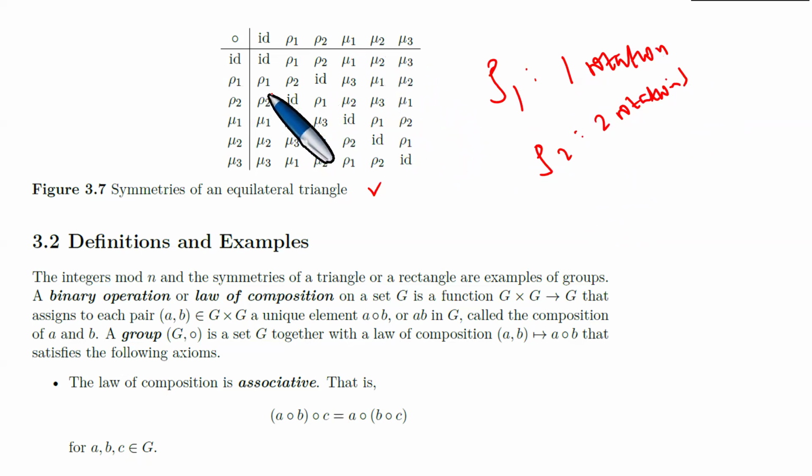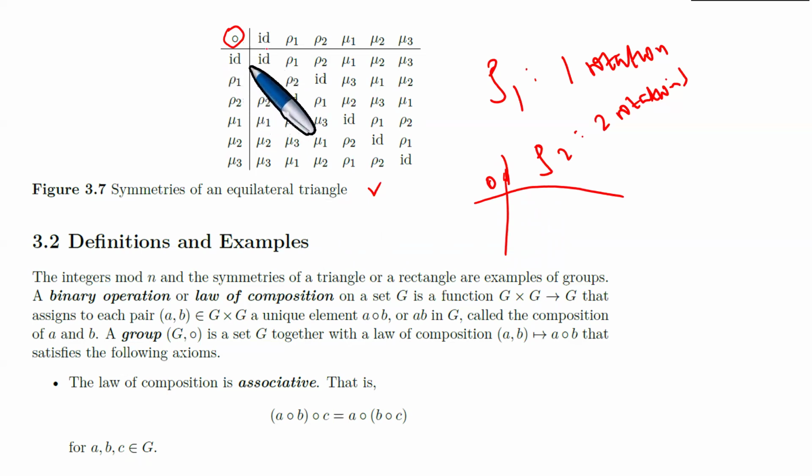We put them on the horizontal and then on the vertical. Now we do the composition, the Cayley table, because there's a part where we will prove some general results about Cayley tables. Taking the composition of the identity with identity gives identity.